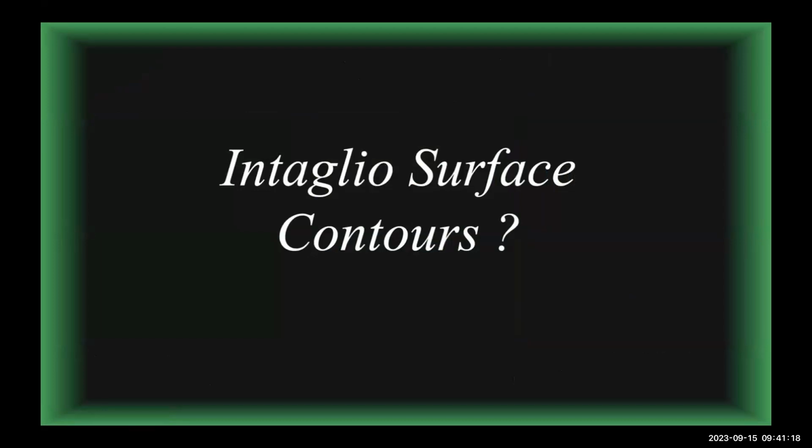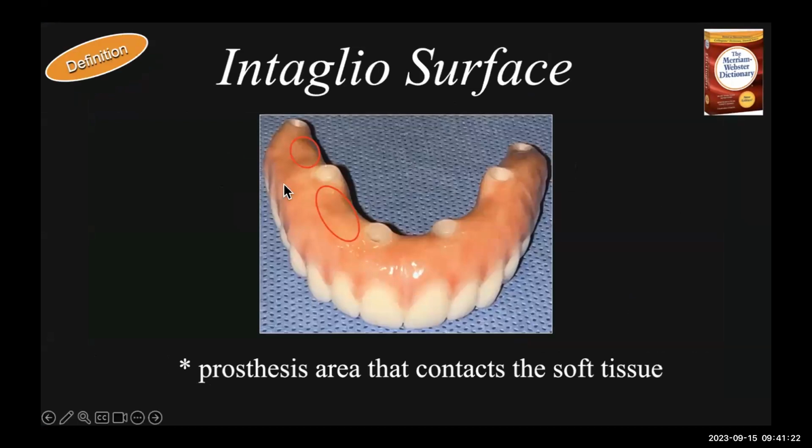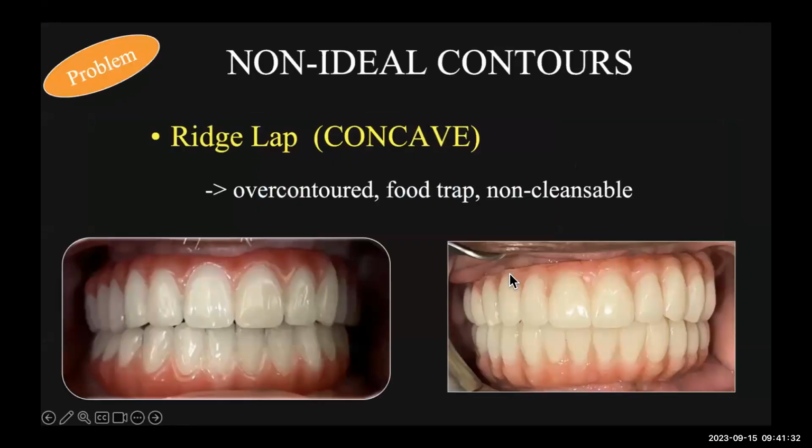Now let's talk about the intaglio surface contours. The intaglio surface definition is it's the part of the prosthesis that contacts the soft tissue. So what should the ideal intaglio surface be? Well, as I said, we see a lot of these ridge laps because why? They're aesthetic. The patient, when they smile, they're not going to show any of their own tissue. But what it ends up becoming, it's over contoured. It's a food trap.